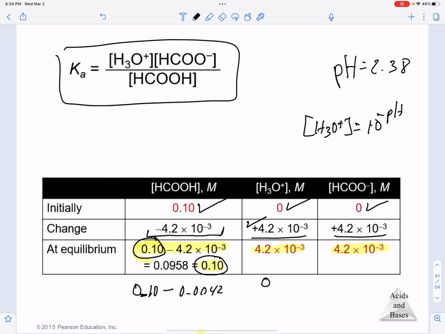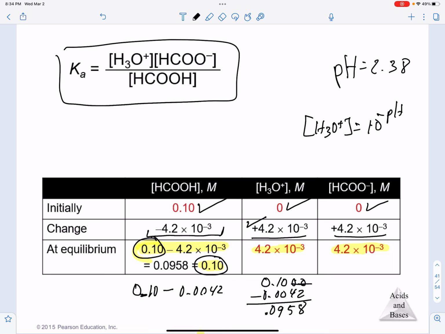So when we do 0.10 minus 0.0042, we get 10 minus 2 is 8, 9 minus 4 is 5, 9 minus 0 is 9, and 0 equals 0.